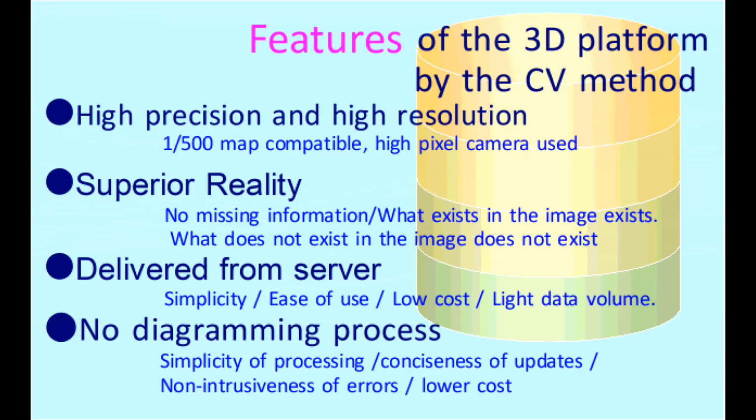What are the outstanding features of our CV method, 3D spatial information platform? High accuracy corresponding to the GSI's 1/500 scale plan preparation is achieved. Absolute accuracy is ±15 cm and relative accuracy is ±5 cm at 20 meters from the camera.